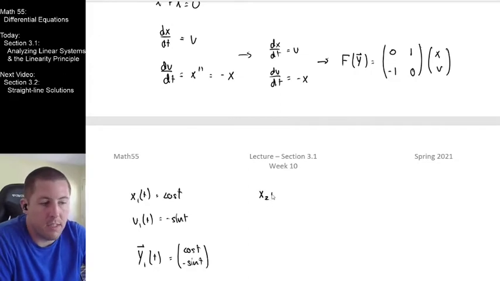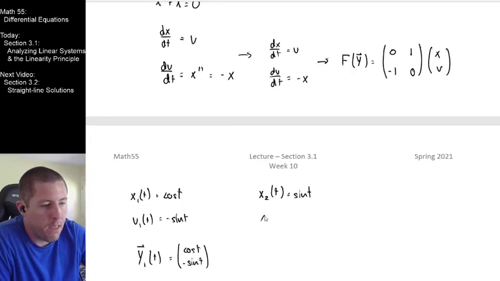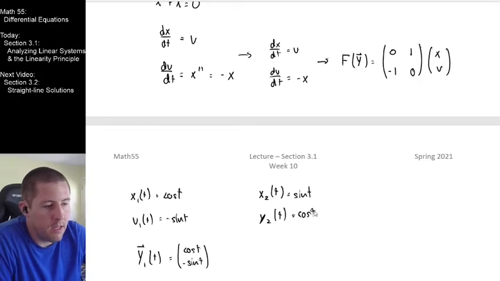Similarly, we found our second solution that we just guessed was sine t. That led us to v2 of t being cosine t. And therefore, my vector y2 of t is sine t, cos t.